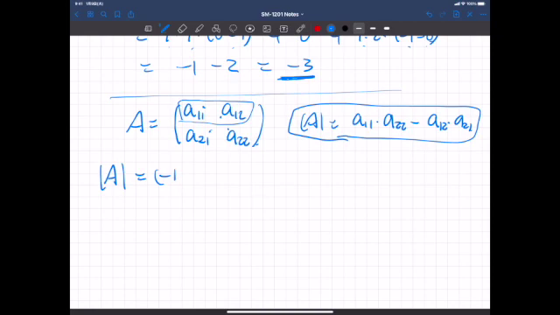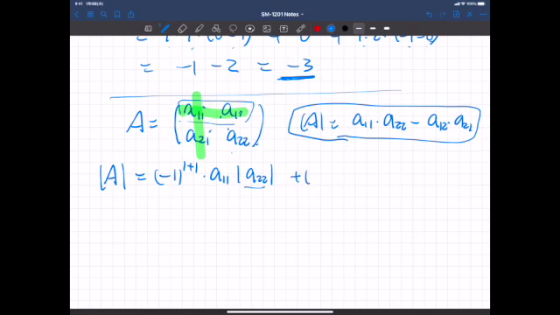Okay, so negative 1 to the power of 1 plus 1, and A1,1. And the remaining part, if we remove the first row and the first column, is A2,2. So consider this as a matrix, okay?